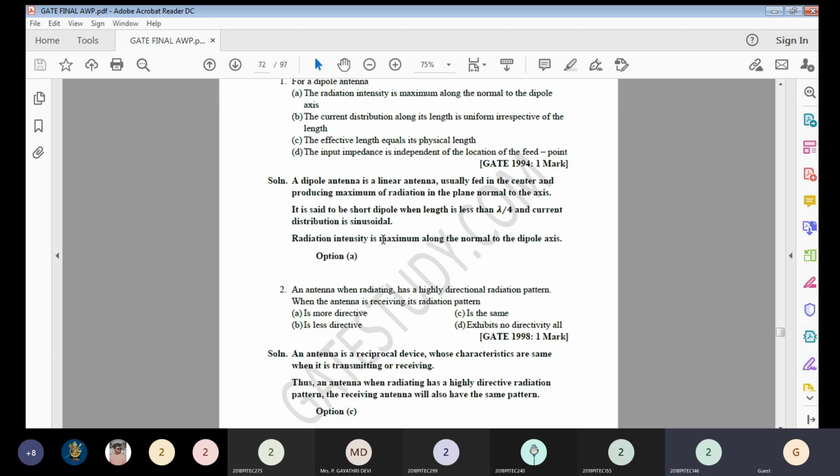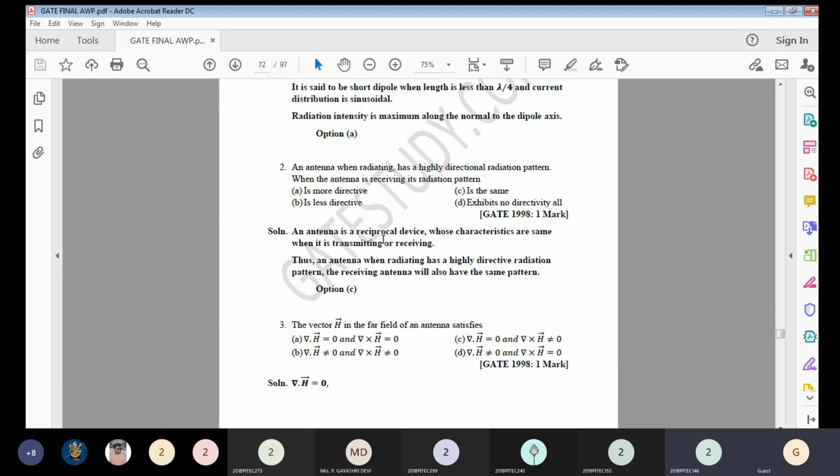One more question. An antenna when radiating has highly directional radiation pattern. When the antenna is receiving, its radiation pattern? An antenna is a reciprocal device, as you know, whose characteristics are the same when it's transmitting or receiving. Whenever it transmits electromagnetic energy and whenever it receives electromagnetic energy, the antenna will do the same work.